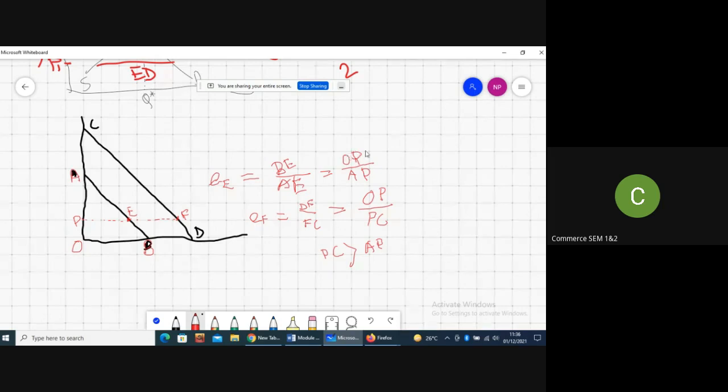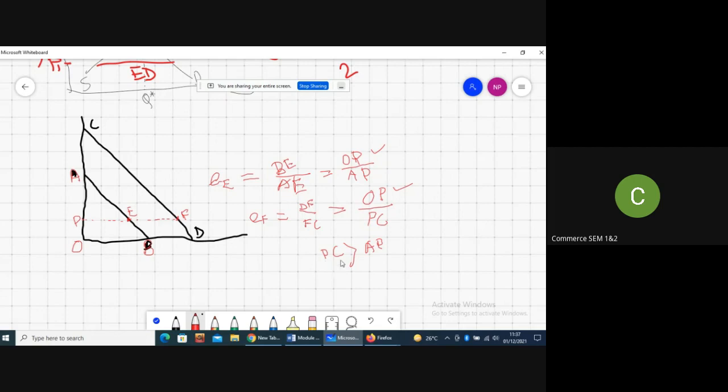So numerator is same for the two, for elasticity at point E and elasticity at point F. So the numerator in both the values of elasticity is same, which is OP, but denominator is different. For the first one, we have denominator AP, and here we have PC. And we can also see that PC is higher than AP.